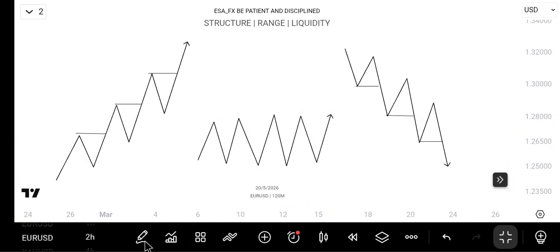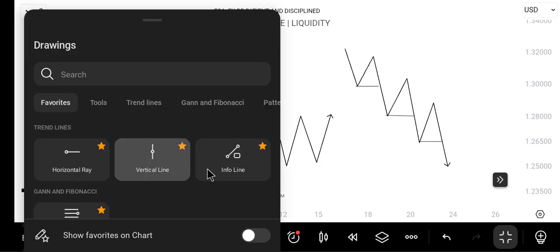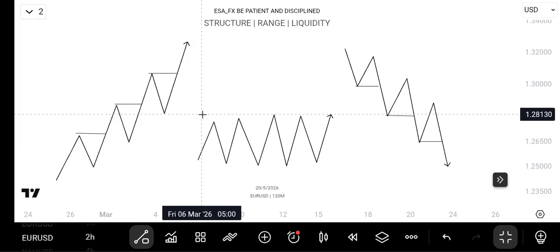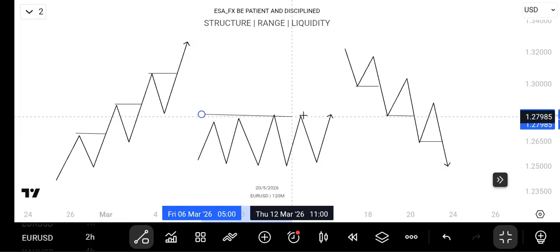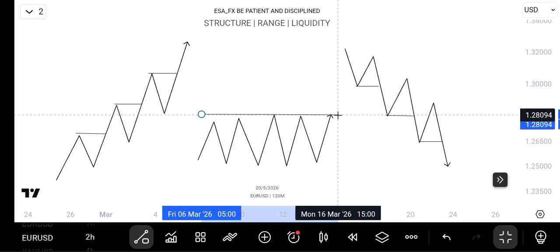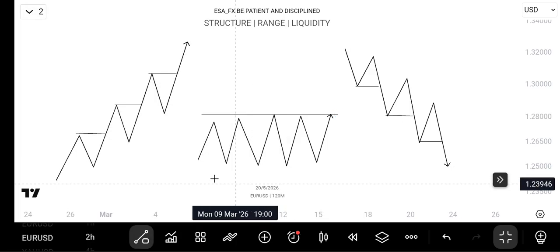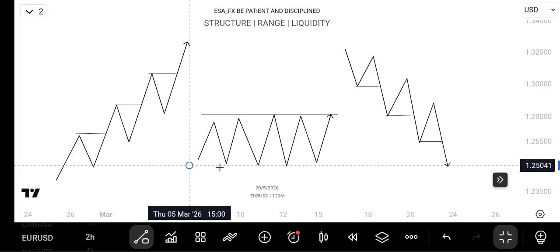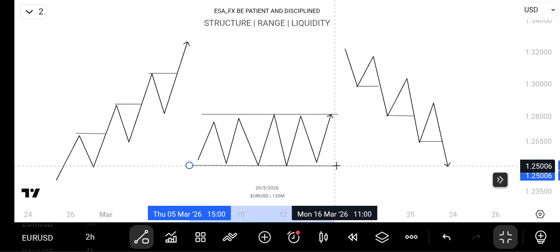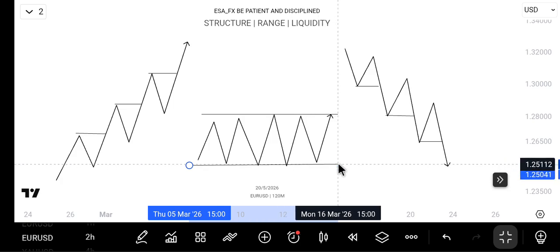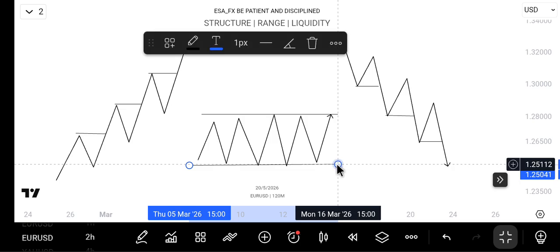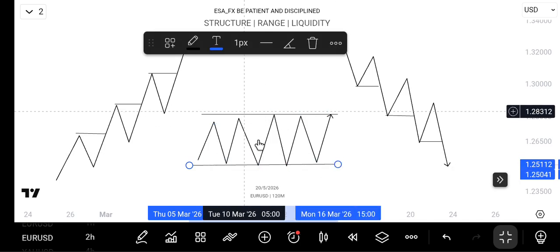Price keeps moving in a channel, not going to the upside and not coming to the downside. Something like this, range high and range low. So that's the range high, and this here will be the range low. Notice price just keeps moving in this zone. It's not going above, it's not coming below.